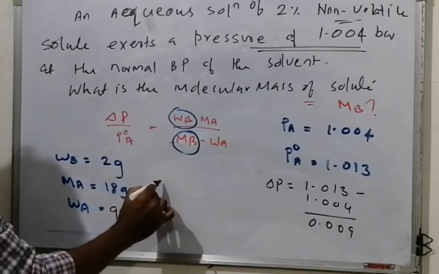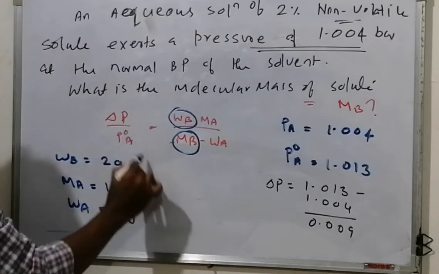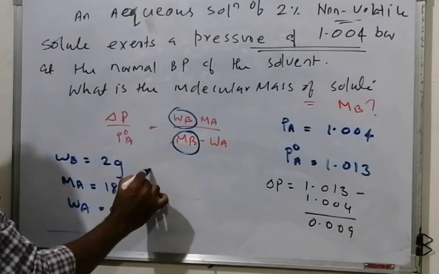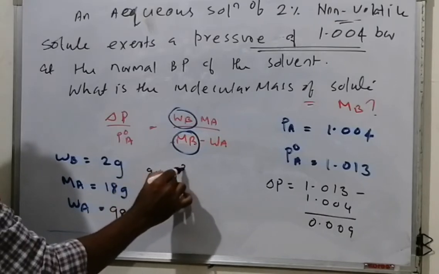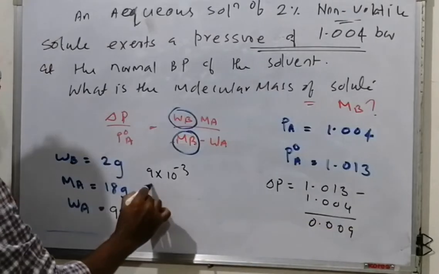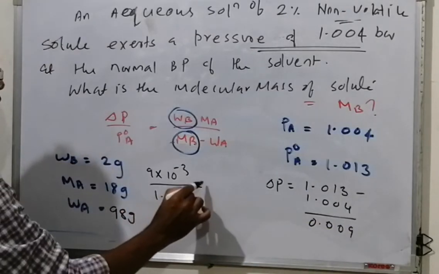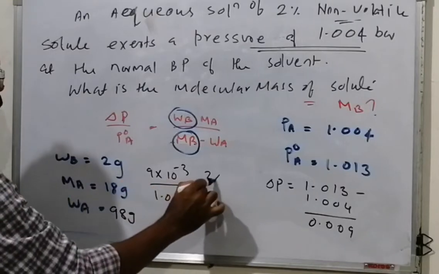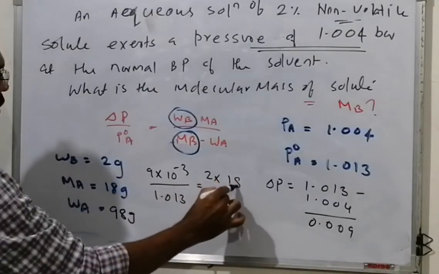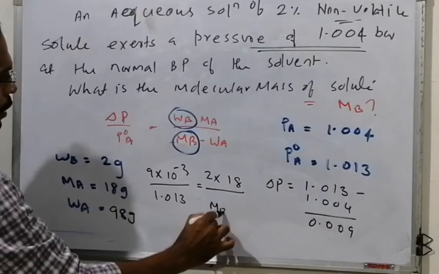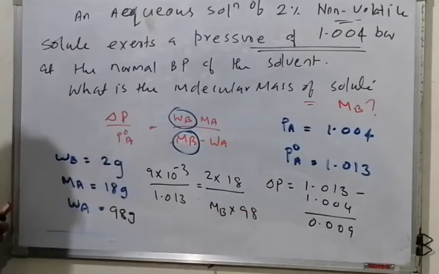Therefore, the final calculation: 9 into 10 raised to minus 3, divided by 1.013, is equal to WB 2, MA 18, divided by MB into 98.